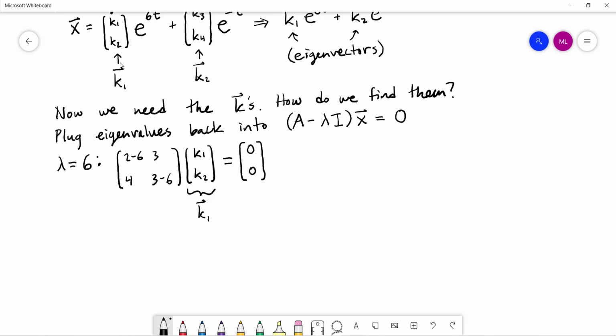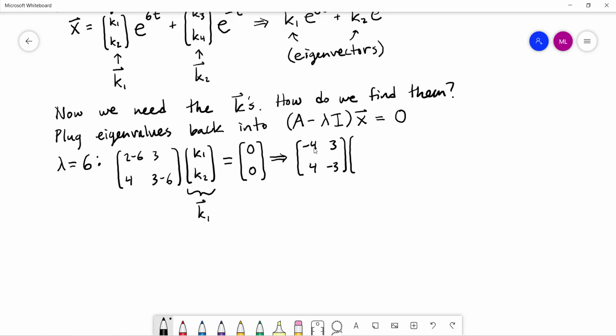Okay, so what that tells me is if we actually do this subtraction, 2 minus 6 will be negative 4. So I'm going to get negative 4, 3. Then I have 4, and then down here, 3 minus 6 is negative 3. And what you'll see is what we call a singular matrix.